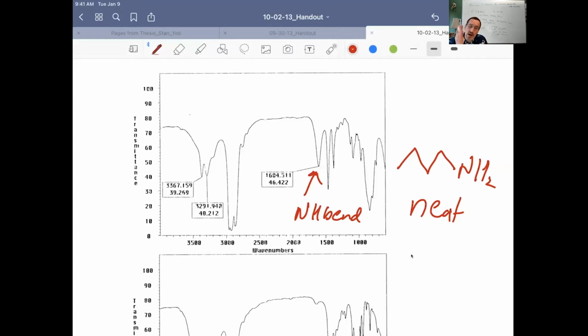But let's say it's right on the edge of where I draw an imaginary line, and say, all right, I'm going to primarily look at things above 1600. And then here we see our NH stretches, and they're the symmetric and asymmetric, or asymmetric and symmetric. And it's essentially all hydrogen bonded.